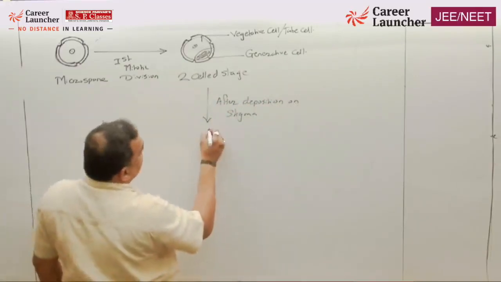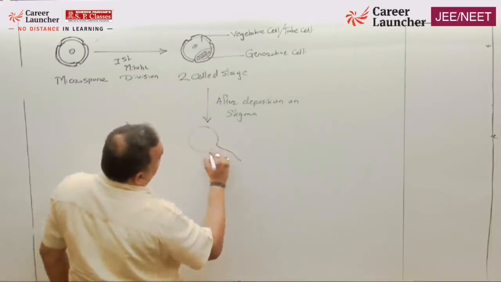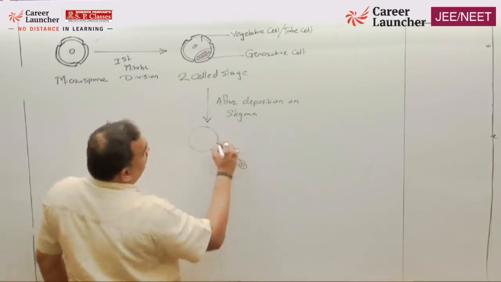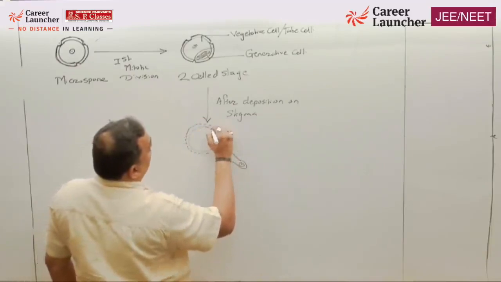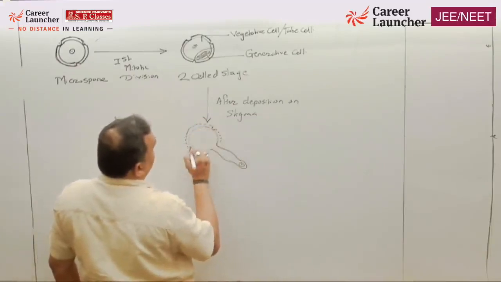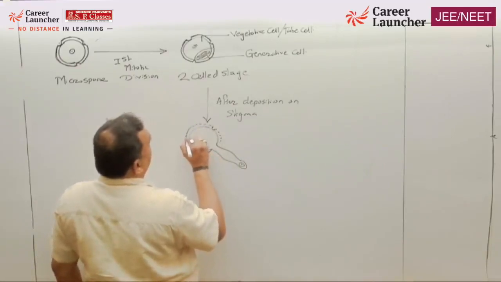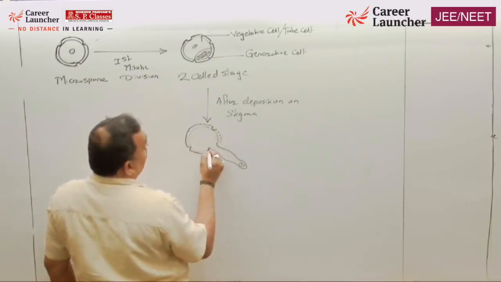What happens? One of them develops what? Pollen tube, right? हाँ के ना? Correct?